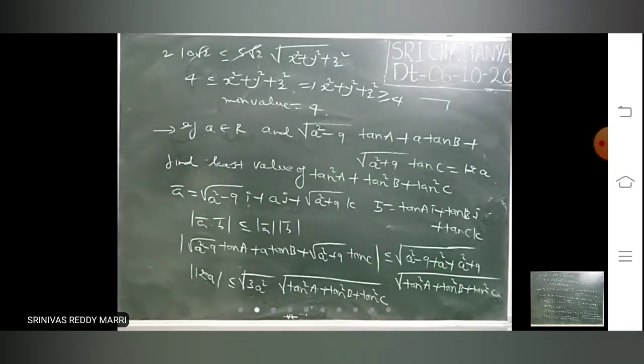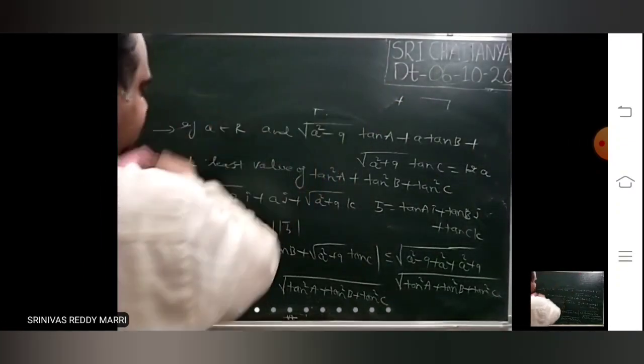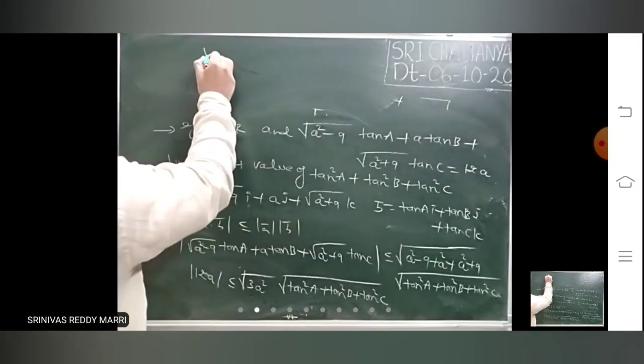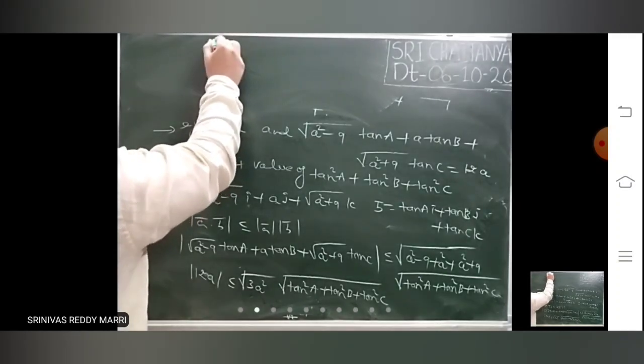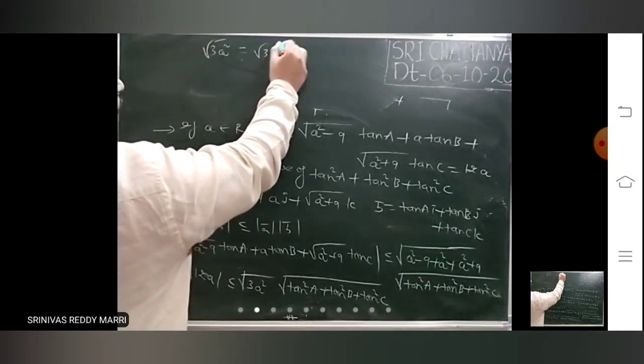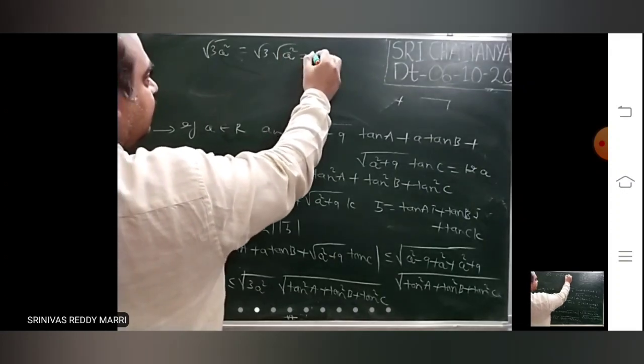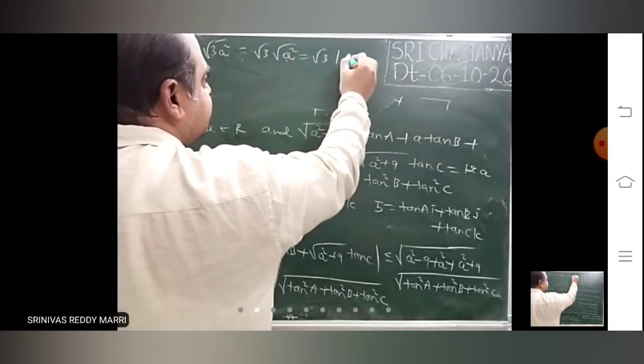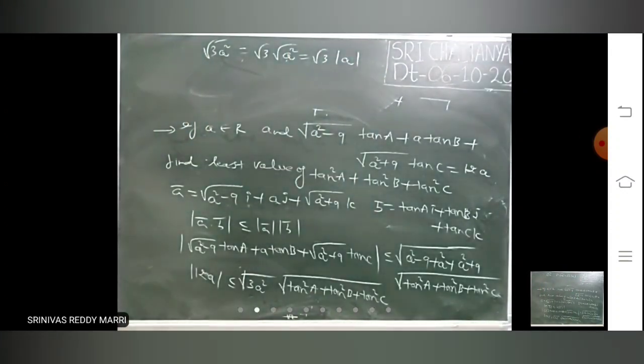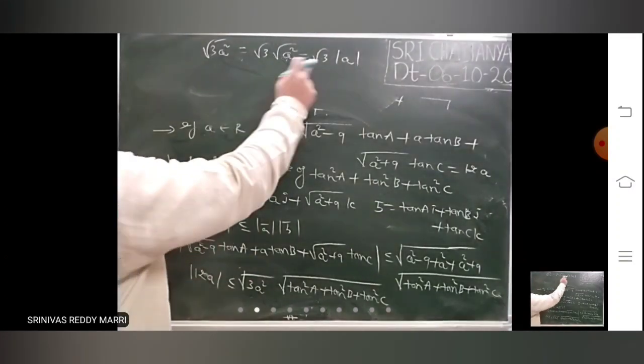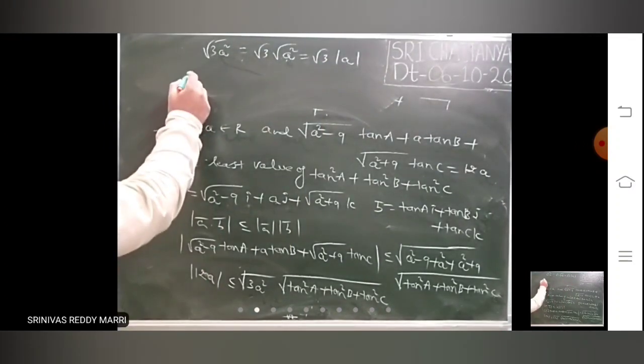Now this is nothing but root 3. Look at root of 3a square: it is root 3 into root of a square. Whenever root of a square is there, that means modulus a. Root of x square, in functions I told, is nothing but modulus x.